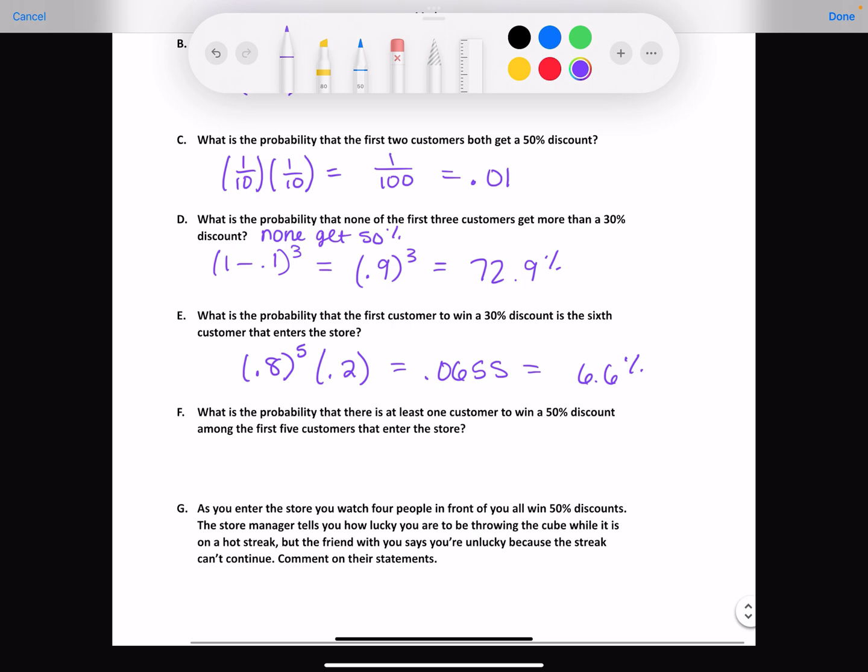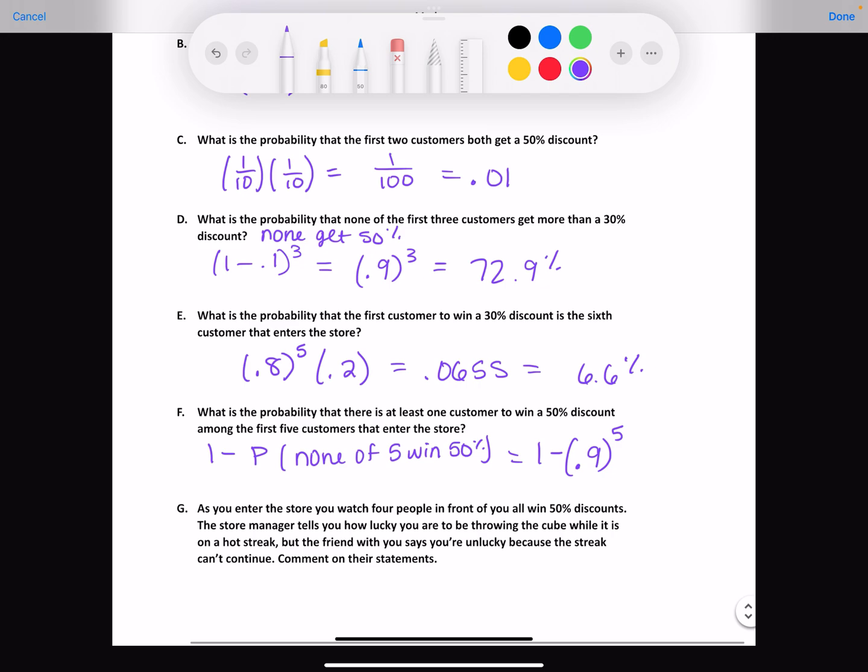Okay, so 1 minus the probability that none of the 5 win 50%. 50% has a 0.1 chance, so the probability that none win is going to be 0.9, because it's got to happen for 5 people.